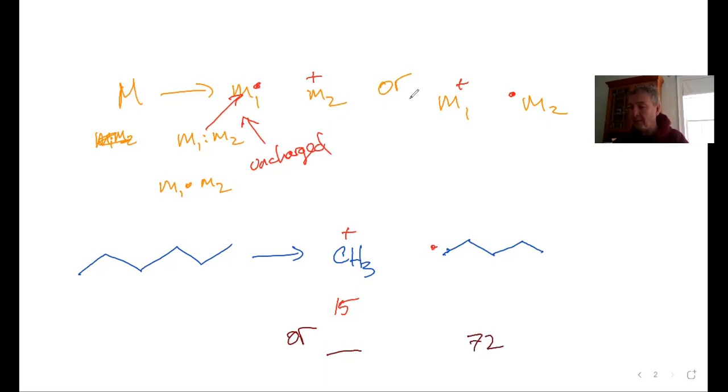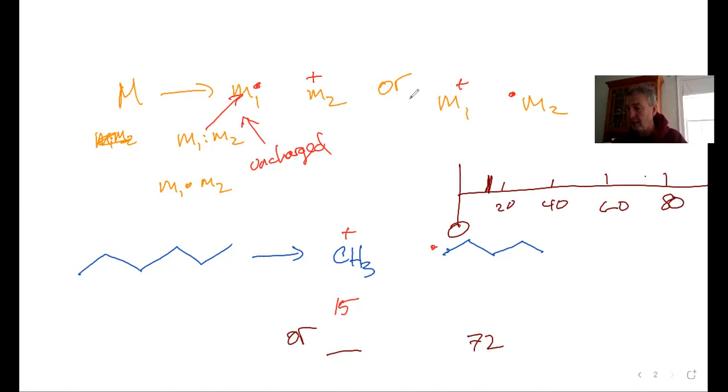And so on our mass spec, which gives us masses, there's 15, because this is 20, 40, 60, 80. And there's 72. We get both peaks. And obviously, we get C6H14, which is 72.